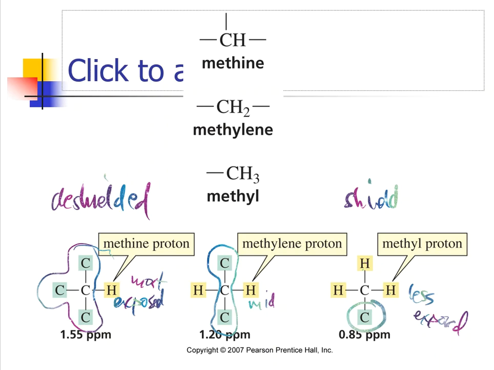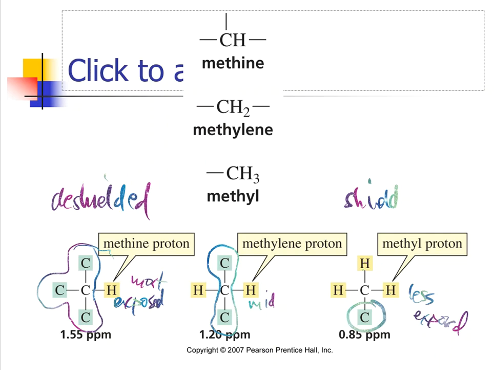So these are big bulky groups that are surrounding that hydrogen. If these big bulky groups surround that hydrogen, then wouldn't that make the hydrogen less exposed? Which means that the magnetic field is going to be applied to it not as well, which means it won't take as much in order to get it to flip. And these, the more exposed that they are, isn't that kind of what we've been saying all this time?